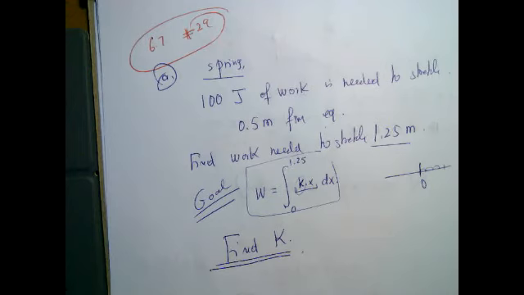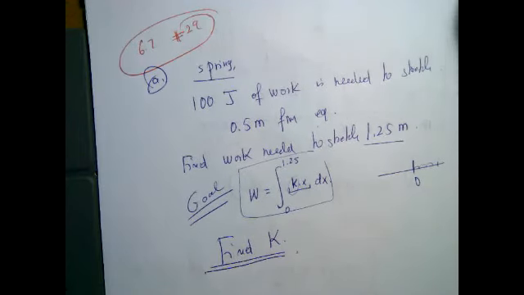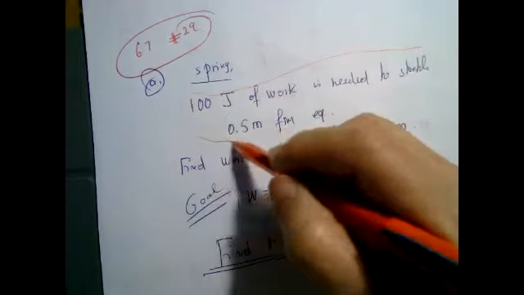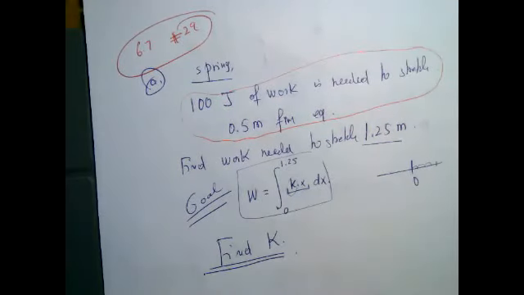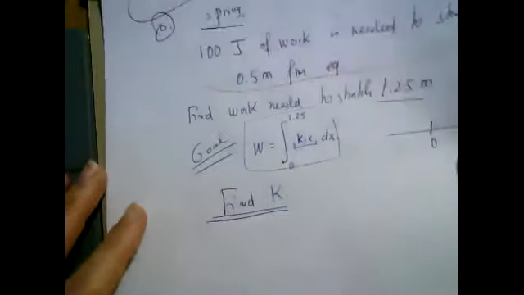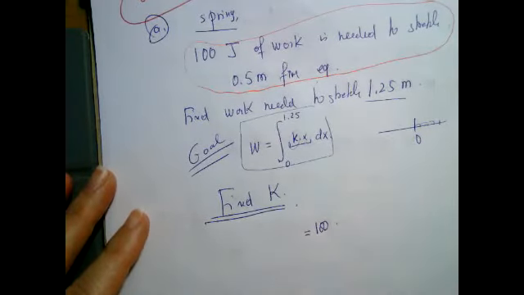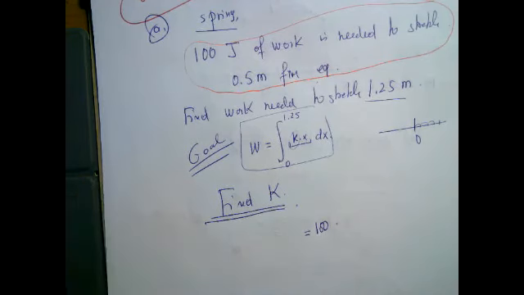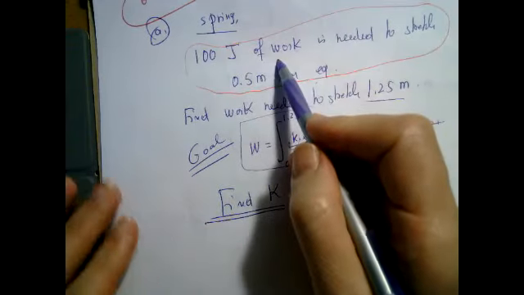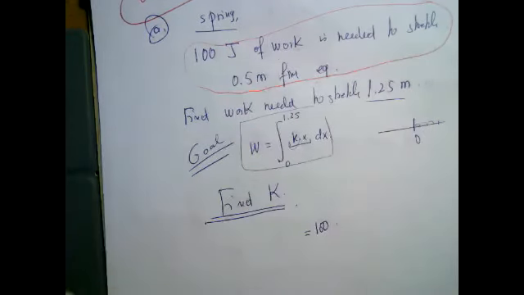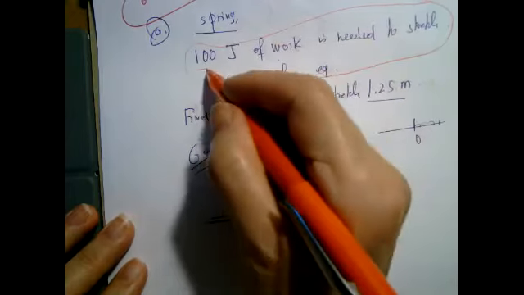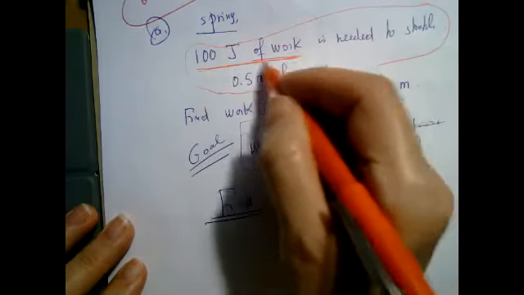They gave us work in joules and a distance of 0.5 meters. So how shall I do that? What does the 100 joules represent? Read the problem again. It's the work, not the force. 100 joules of work is needed.